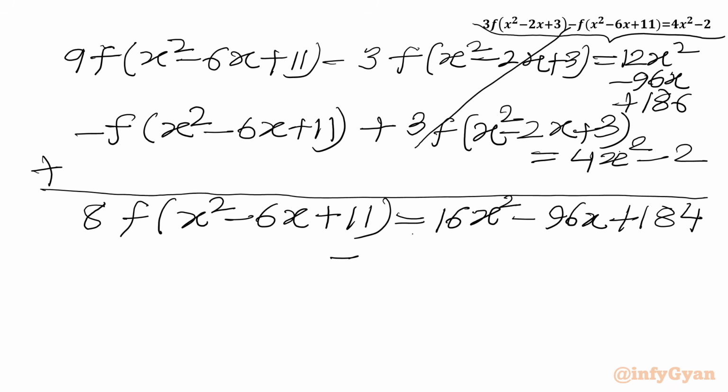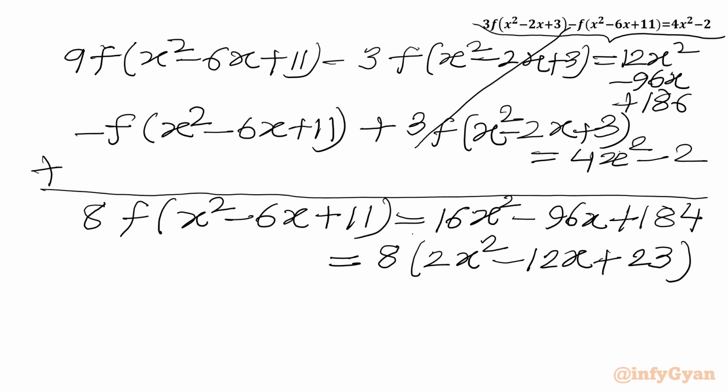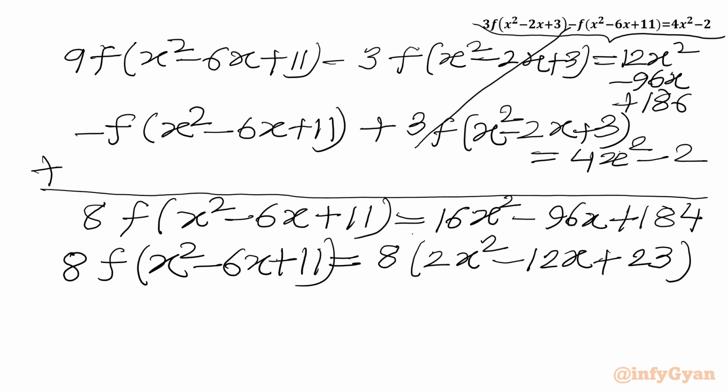Now we can take 8 common from the right hand side. So in the bracket there would be 2x² − 12x + 23. In the LHS it is 8 times f of (x² − 6x + 11). We will divide both sides by 8, so 8 will be over.